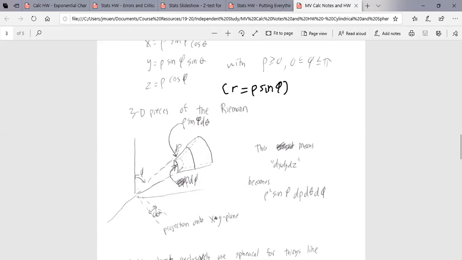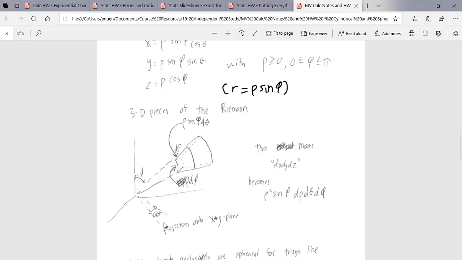And we're going to make the same argument here for the depth of this particular shape. Once again, it's going to be rho, but now it's going to be sine of phi d theta. The reason it needs to be rho sine of phi d theta is that this length simply represents the length projected onto the xy plane.